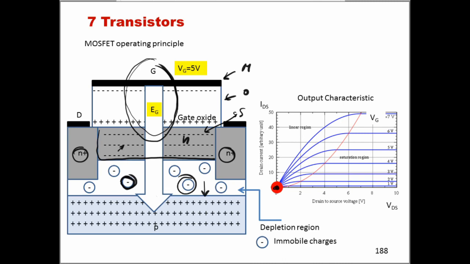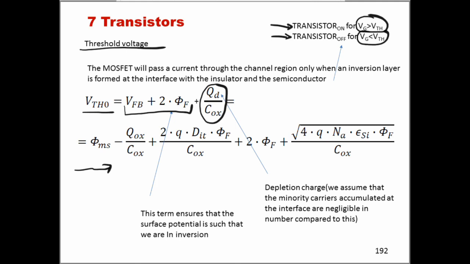So this is the reason why here, in taking into account the effect of this negative charge that is accumulated at one plate of COX effectively, we are simply counting this depletion charge, because the charge that is forming the channel is effectively negligible compared to that.